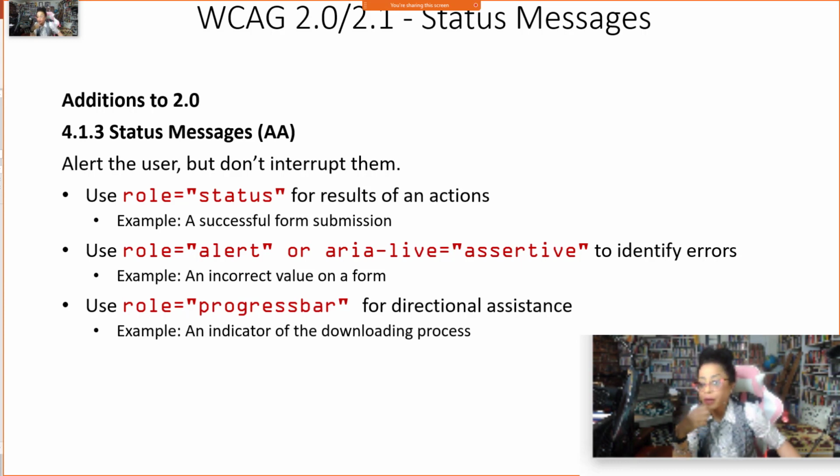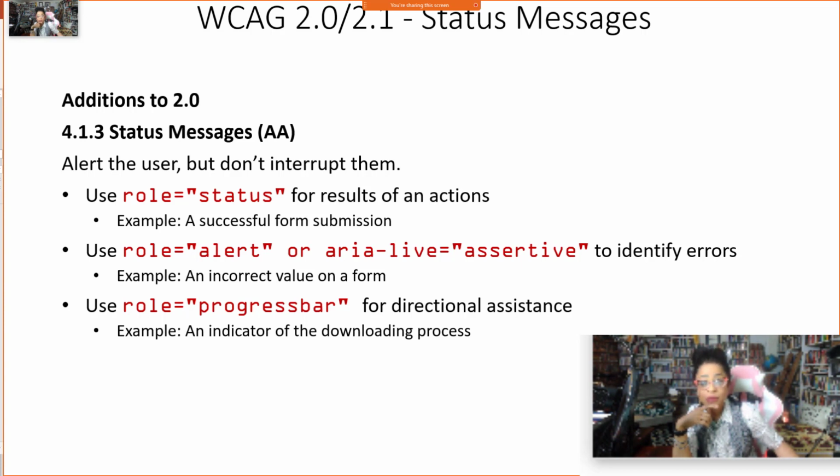And progress bar. Role equal progress bar for directional assistance. It just lets users know when they are in a process. An example is basically what we see every day, such as our downloading process. The progress bar role describes the effect it has on a browser and the AT. It should be used for elements that display the progress status for a task that may take a long time or may consist of several steps.